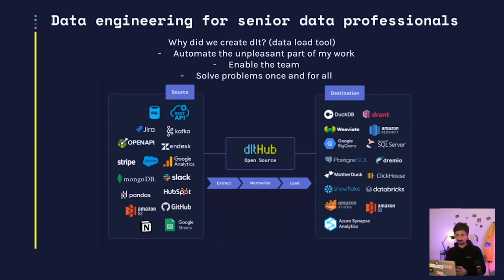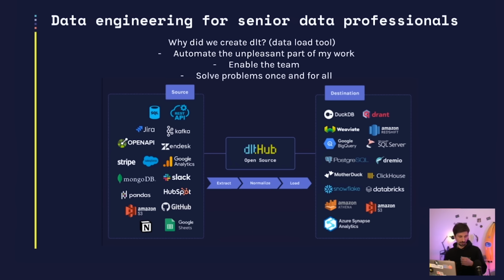So this is DLT, the tool that will take your weakly typed JSON data or stuff like that and automatically clean it up and load it strongly typed into a data warehouse or data lake. It basically automates the unpleasant part of the work, like turning weakly typed data into strongly typed data. It enables the team, and it solves most data engineering problems once and for all.